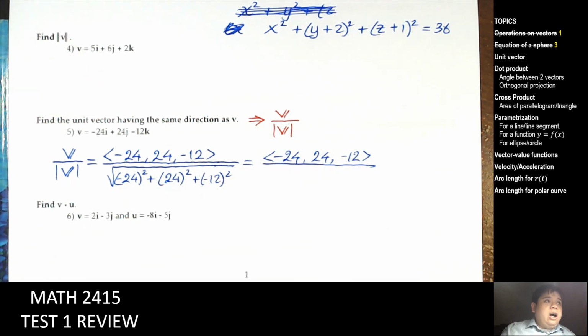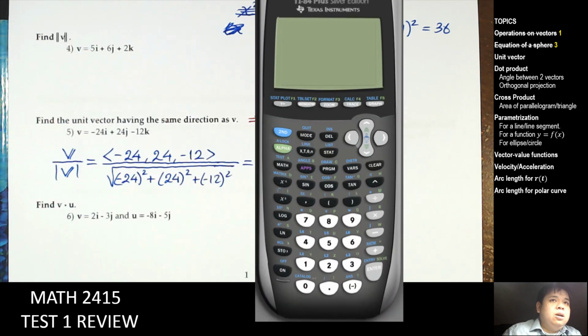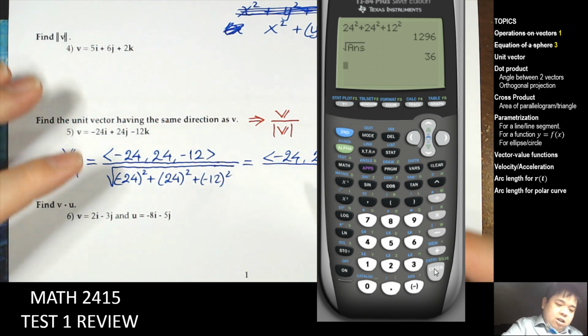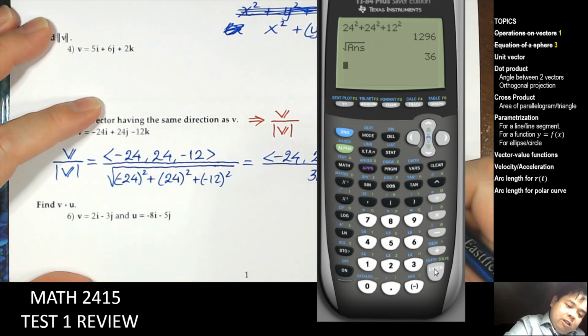Right. I'll just use a calculator real quick. 24 square, 24 square, and 12 square, and square root of that is 36. So we just have 36.